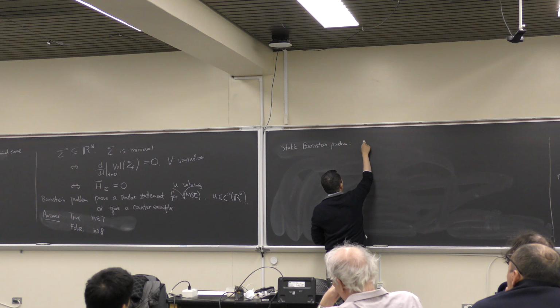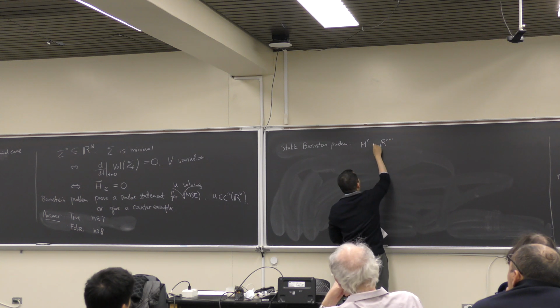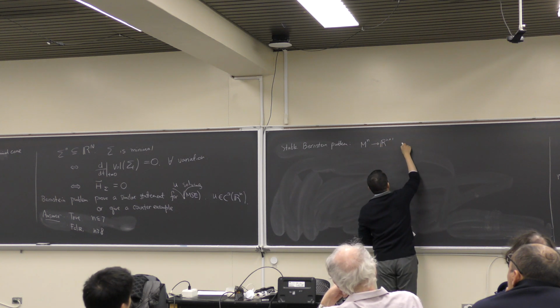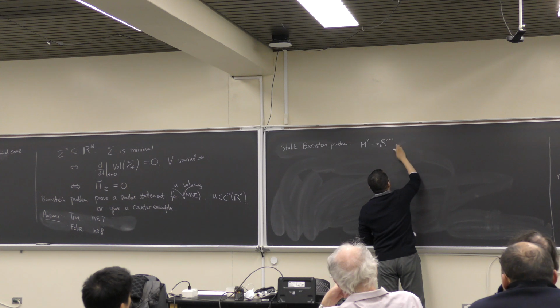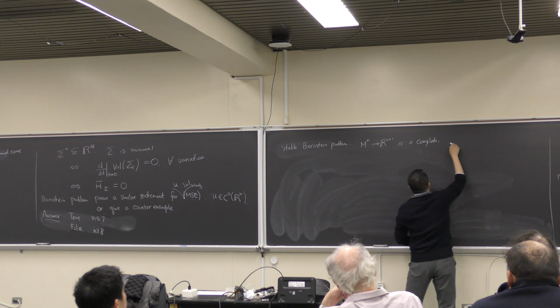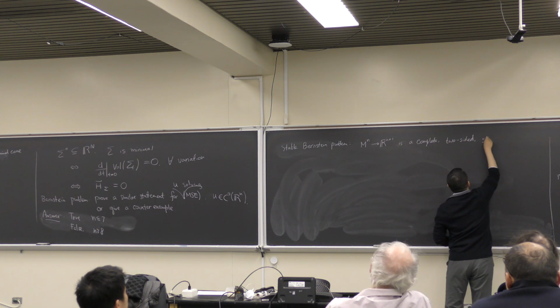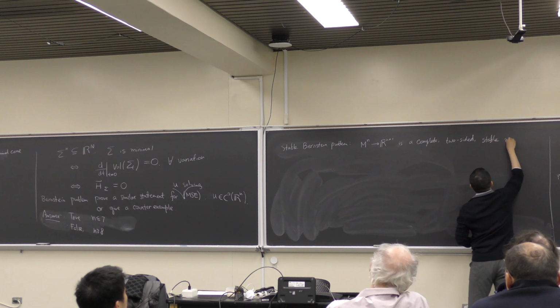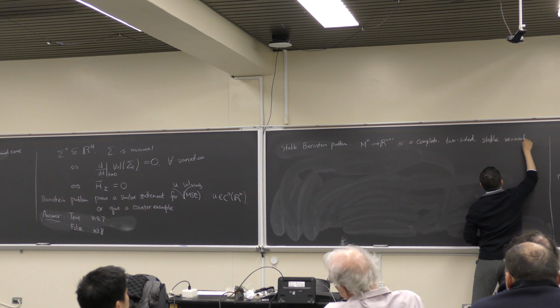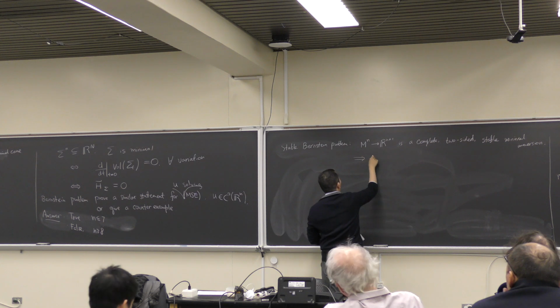Let's suppose M^n is sitting inside R^{n+1}. Well, rather, let's view it as an immersion. So this is a complete two-sided stable minimal immersion. Then try to prove or disprove that M is flat.